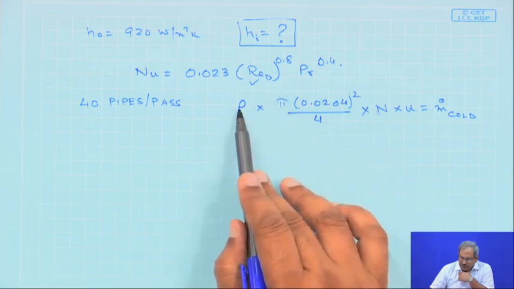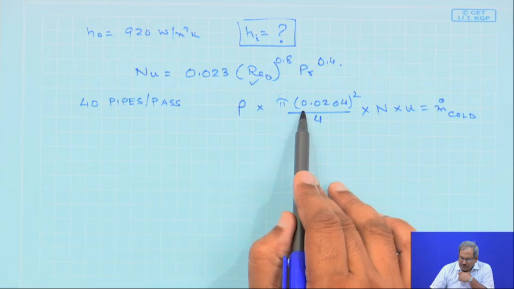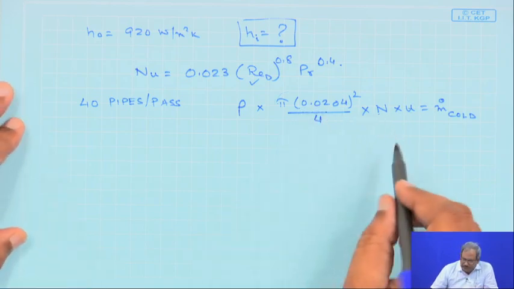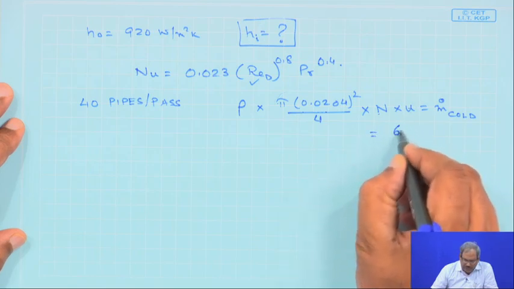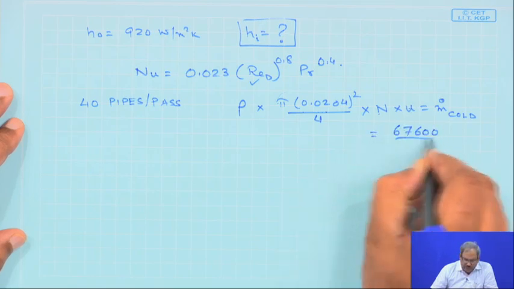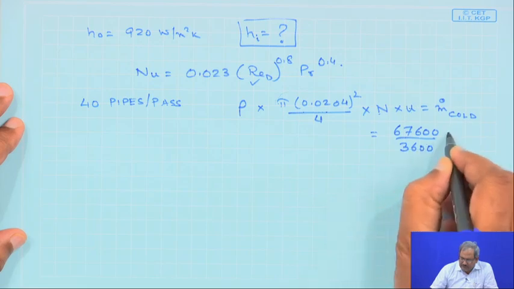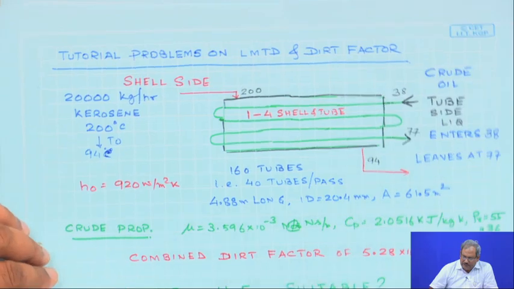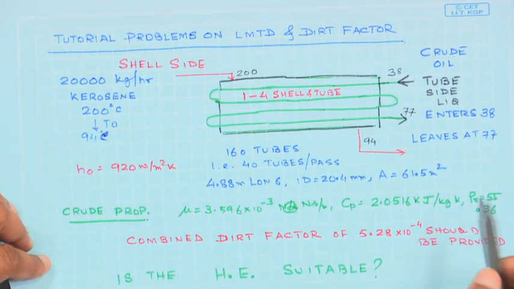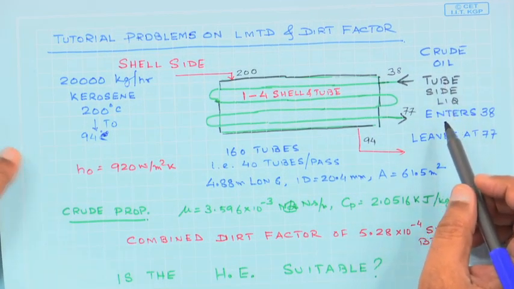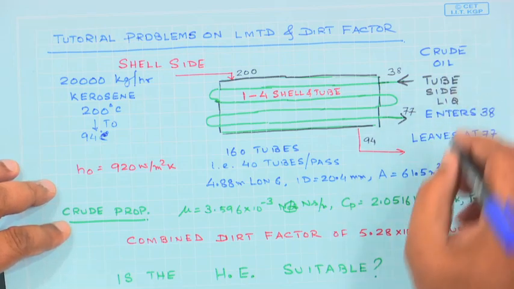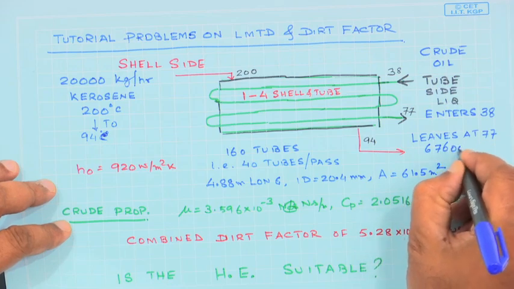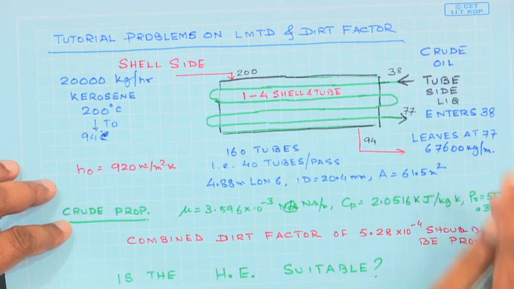When I multiply it with rho, this becomes the mass flow rate of the cold fluid entering into the shell and tube heat exchanger. And this we know to be equal to 67,600 by 3600 kg per second, as in the problem statement it was mentioned that the crude oil flow is 67,600 kg per hour.